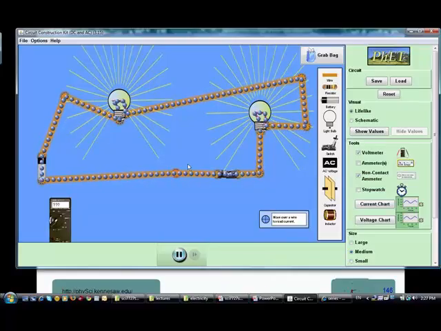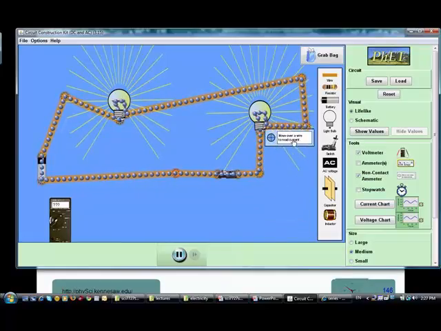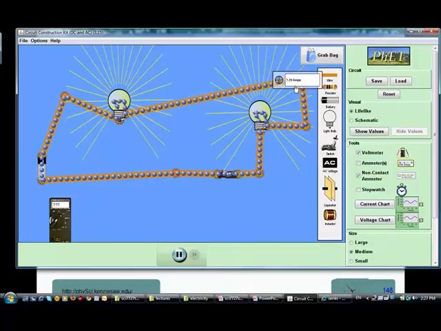Now, also pay attention to the current. The current going through one has nowhere to go but go through the second one. So both light bulbs are subject to the same current when they are in series.